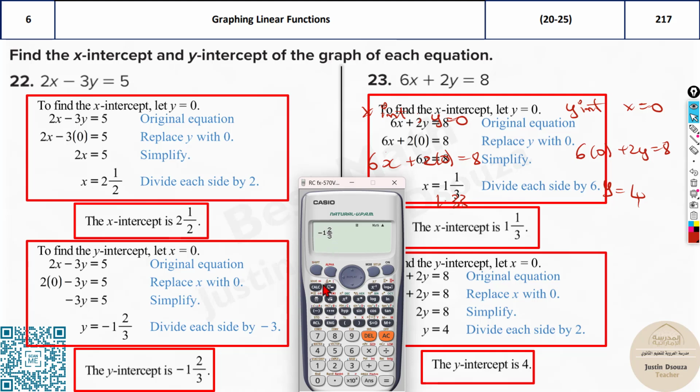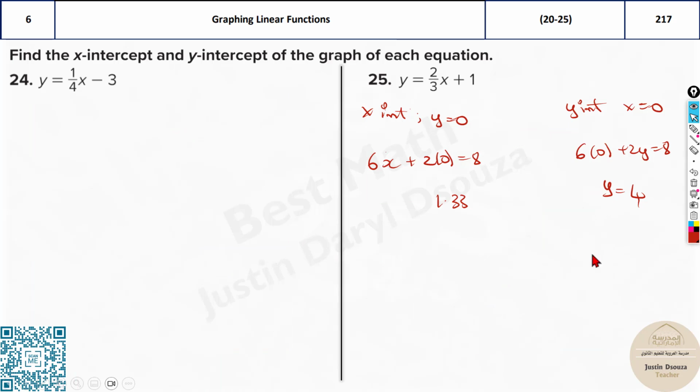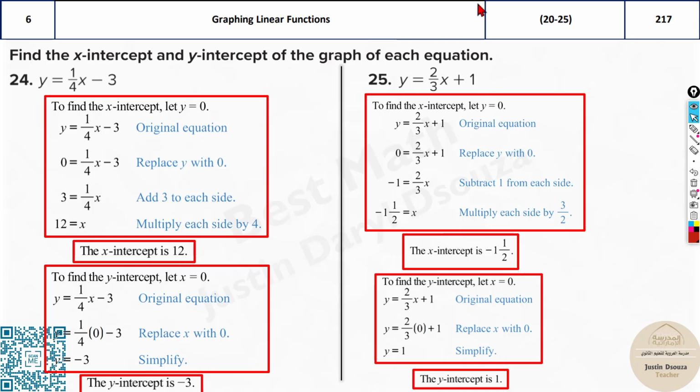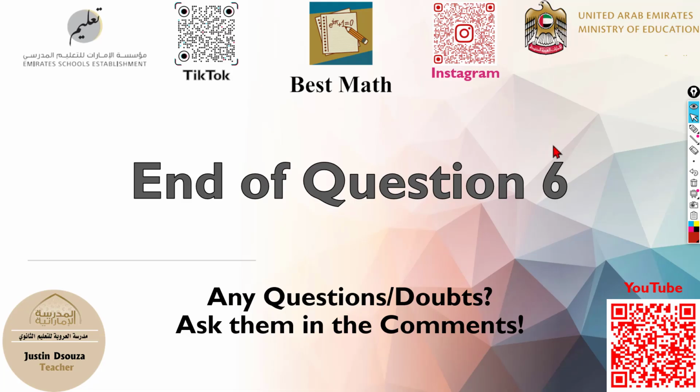I just changed it because I already used shift and the fraction symbol; once you use it, it's fine. And the answer is minus 1.667. So please make sure you press shift and this fraction symbol and then solve it. That's how we would solve it. These are again pretty straightforward problems. You just put them in the calculator and easily solve them. That would be the end of question 6.